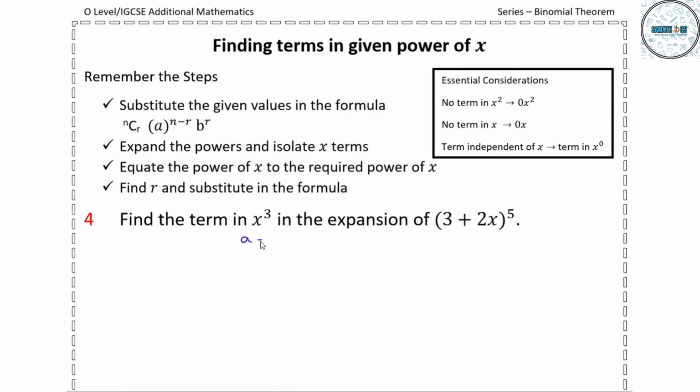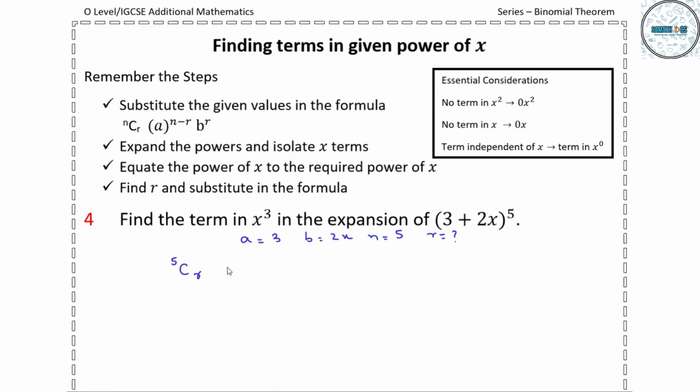We have a is equal to 3, b is equal to 2x, n is equal to 5. And we don't know the value of r, which we have to take for the term in x cube. So we have to take out the value of r first, and then we will find the term in x cube. First of all, we will substitute these values.